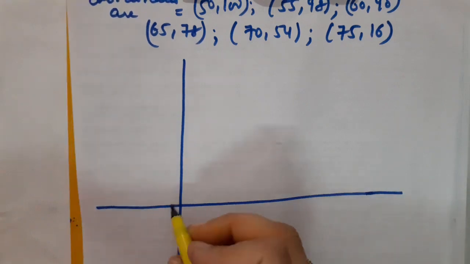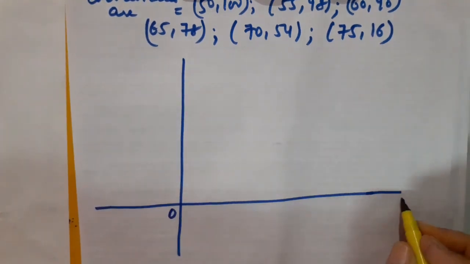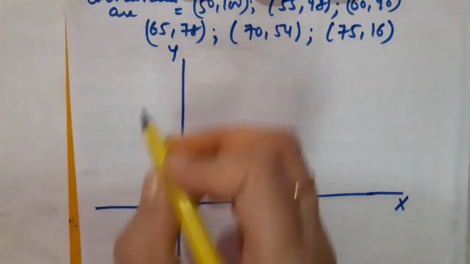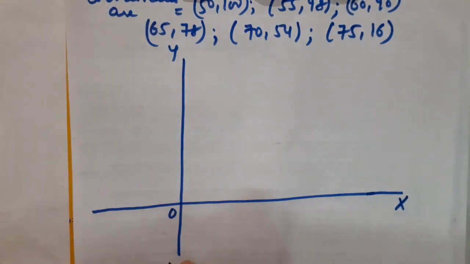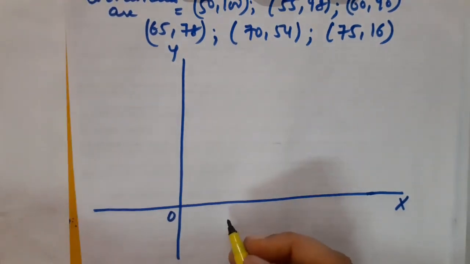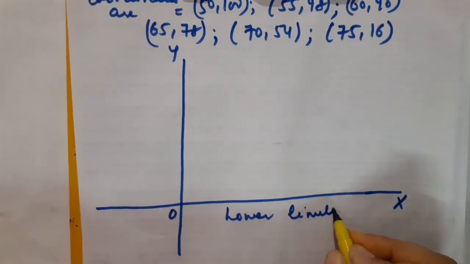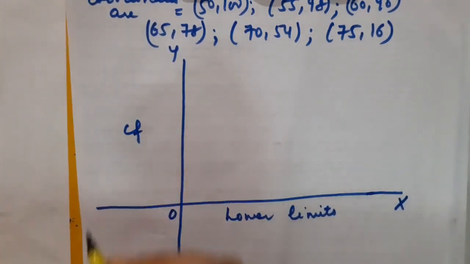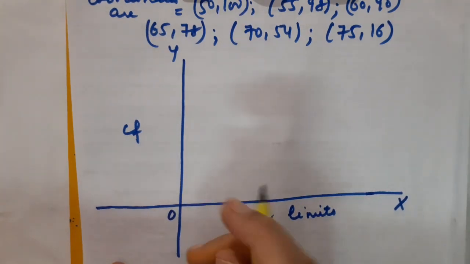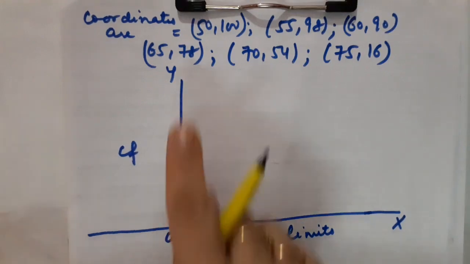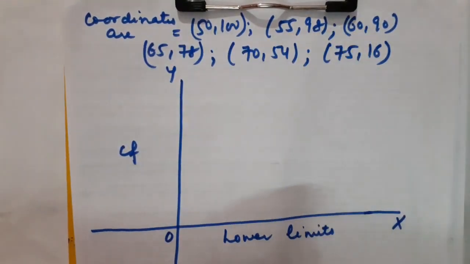So children, this is the Cartesian plane, that is the origin. This is the x-axis, this is the y-axis. You know that on the x-axis we are going to show lower limits, and here we will be showing cumulative frequency. Lower limit is from 50. You can see 50, 55, 60 and so on.